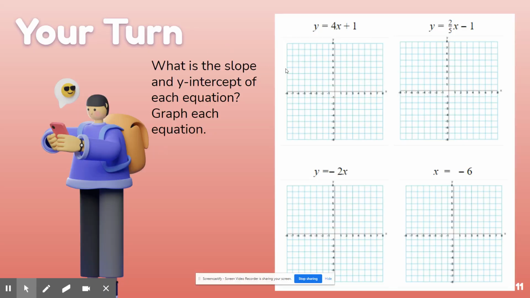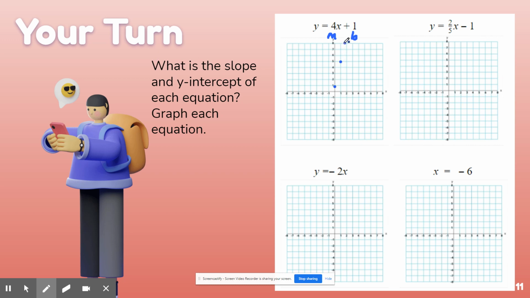So it says, what is the slope and y-intercept of each equation? This is something that we did just a second ago. So just remember that y equals mx plus b. B is the y-intercept, so 1 is the y-intercept. M would be up 4 over 1. And then you would graph that.